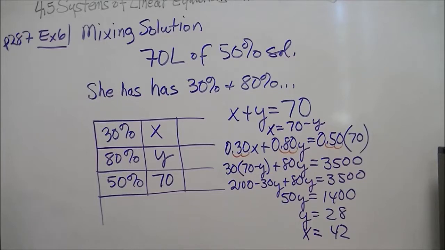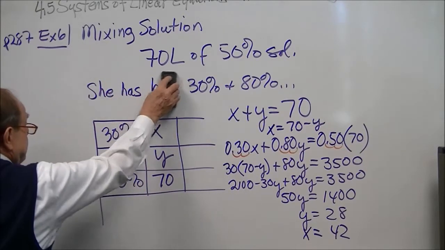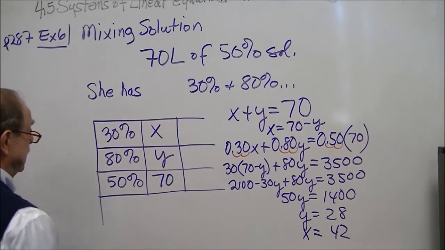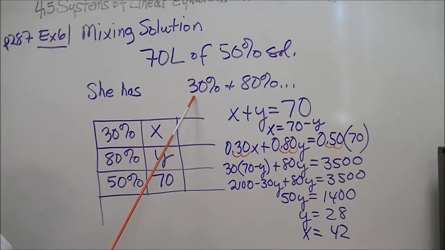Now, we did some mixture problems back in chapter 2. So looking at this in general, without reading all the details, again, it covers 3 pages in your textbook. We need 70 liters of a 50% solution. And this chemist has a 30% solution and an 80% solution.